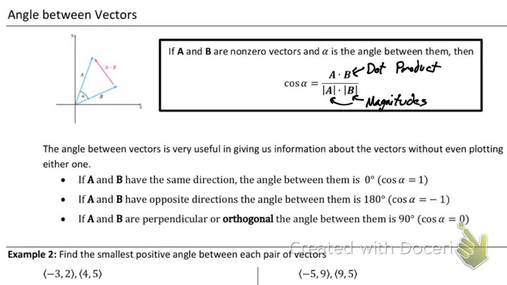So you need to take the dot product of the two vectors, and you also have to find the magnitude of vector A, the magnitude of vector B, and you're going to multiply those two things together.